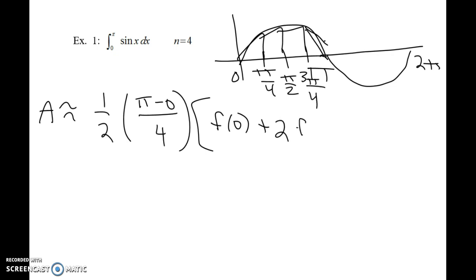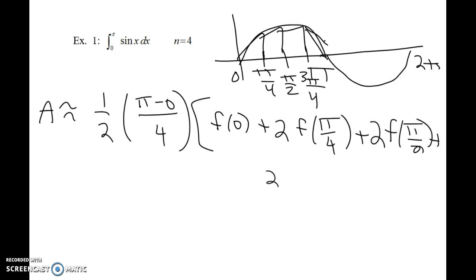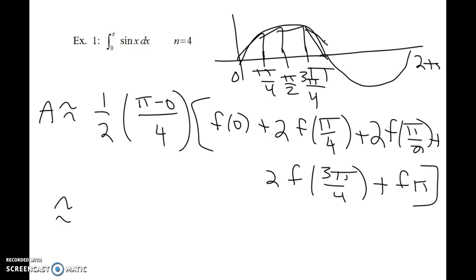So we'll have 2 of f of pi over 4, plus 2 of f of pi over 2, plus 2 of f of 3 pi over 4, and only 1 of f of pi. And now it's a matter of using our calculator to compute.